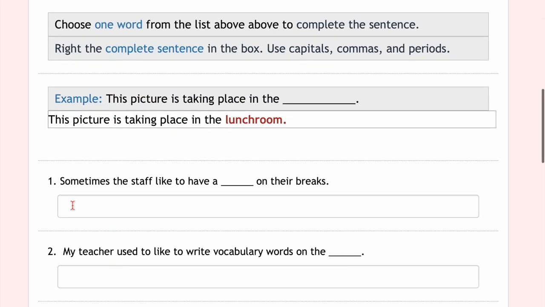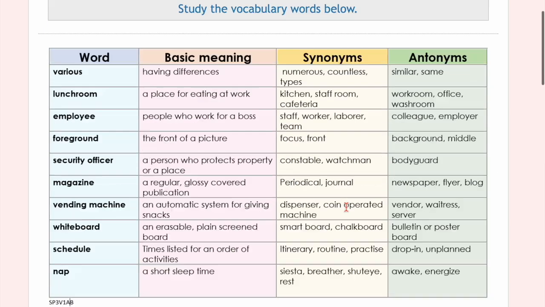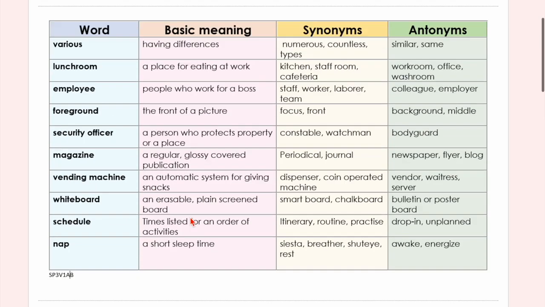So then you can write it in here. See? Sometimes the staff like to have a nap on their breaks. Period. Okay, this is very good practice for reading and writing and practicing vocabulary.